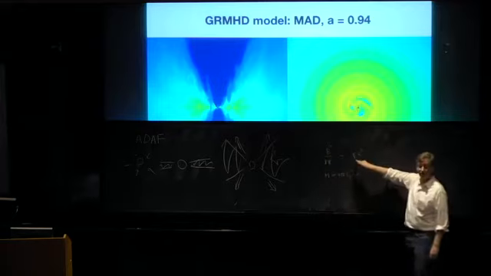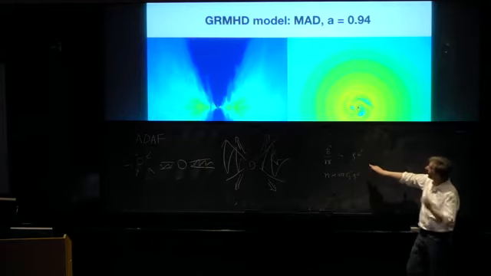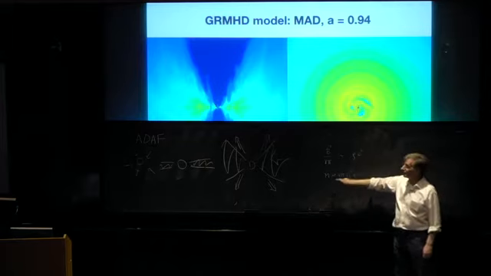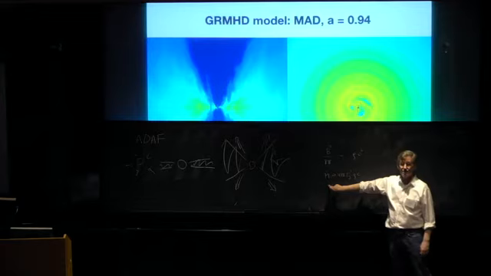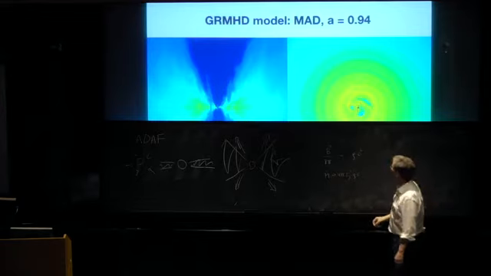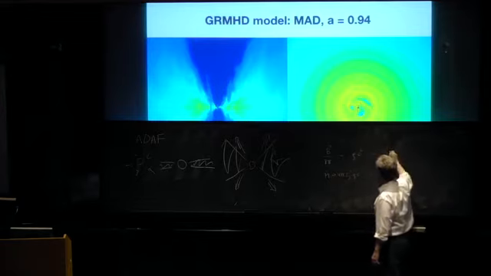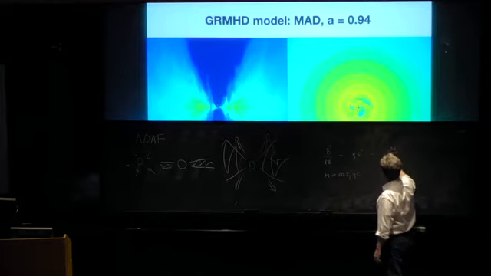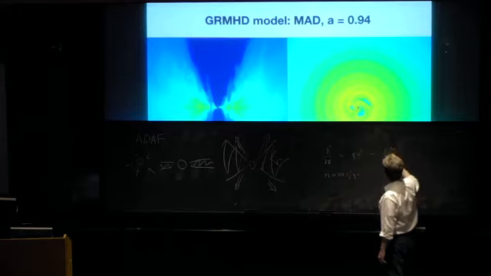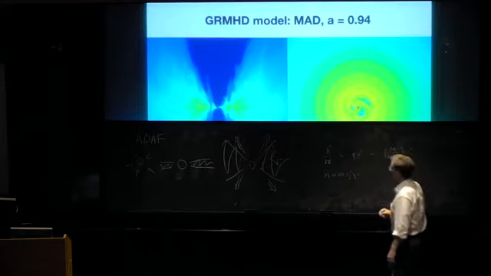Okay, so in making this estimate, I'm going to take this and cast it in terms of m dot instead. So I'm going to eliminate density in favor of m dot. So this is m dot over 4 pi Rg squared c times c squared.